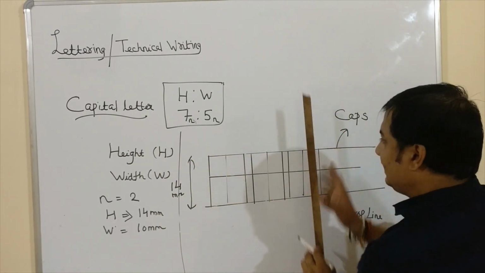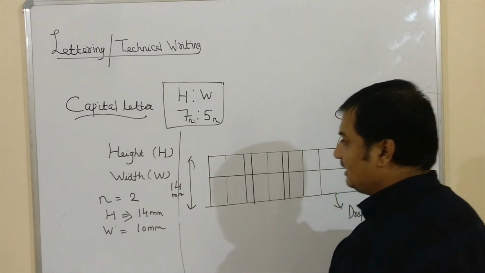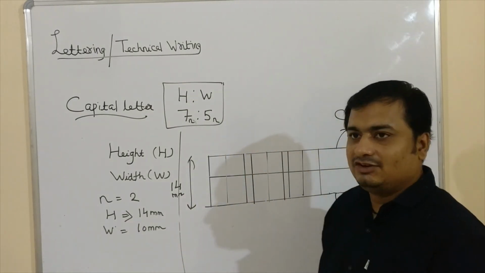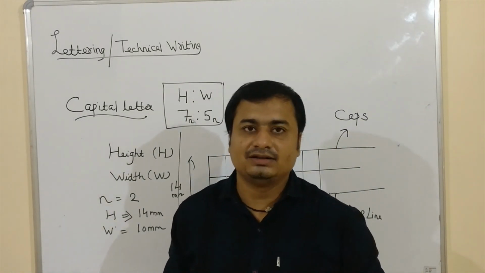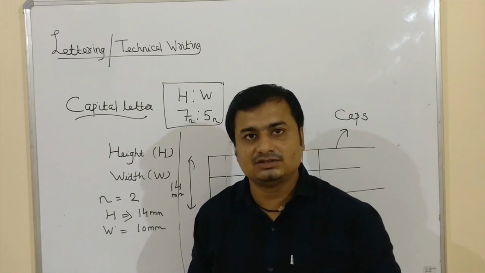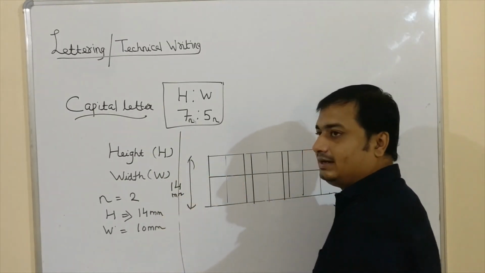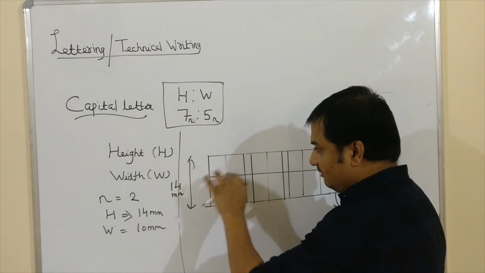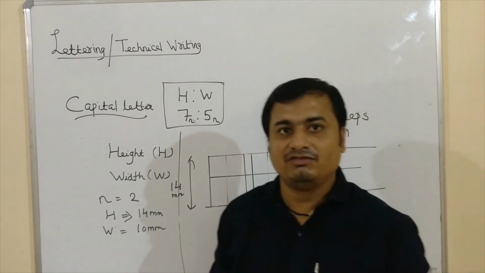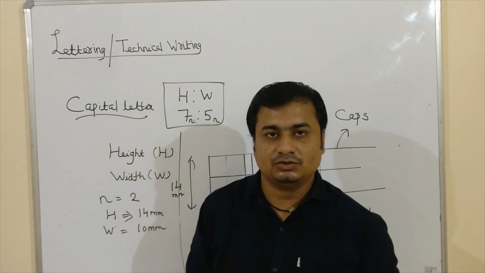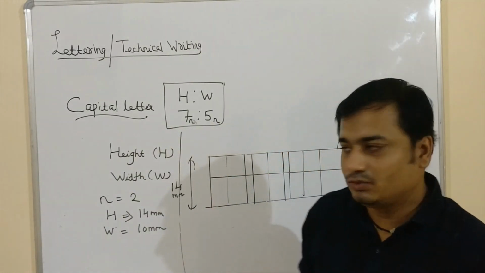All these lines, the caps line, drop line, the center line and vertical center line, will act as a reference to write the alphabet. Also, you can convert all the boxes into a grid, to make it easy to write the alphabets.